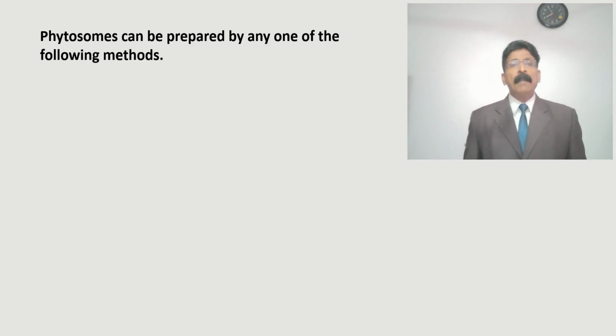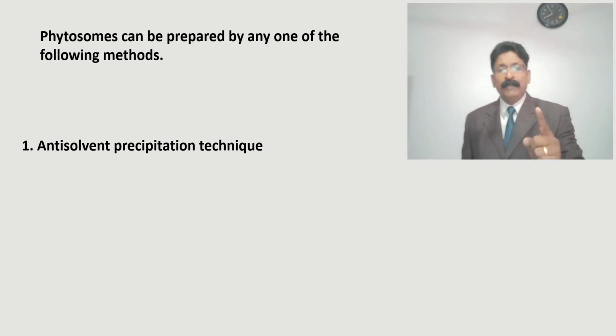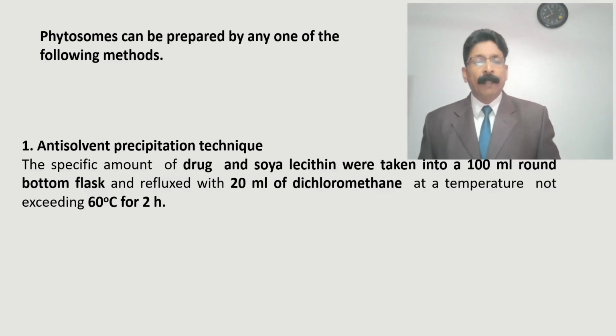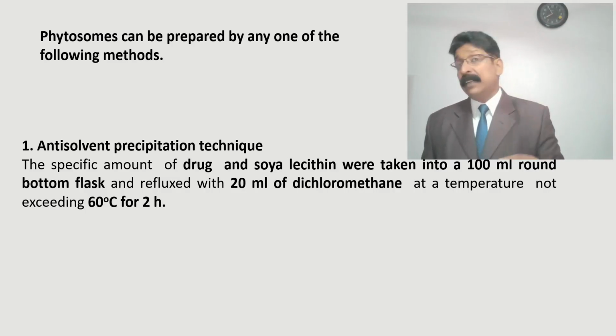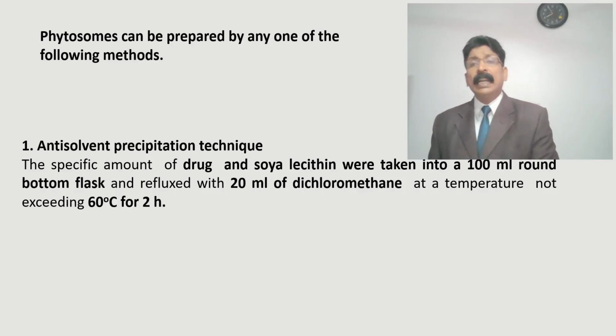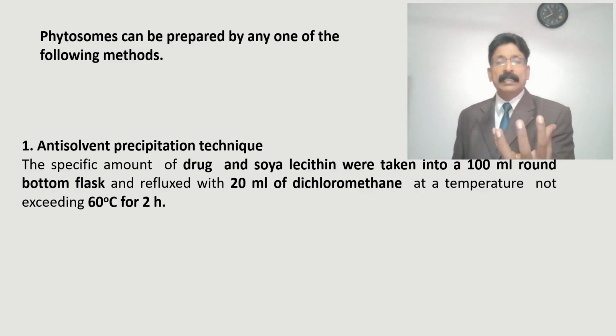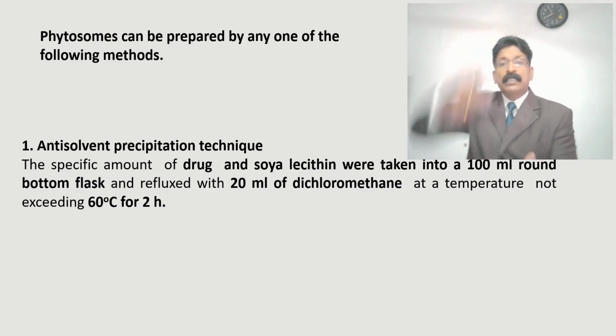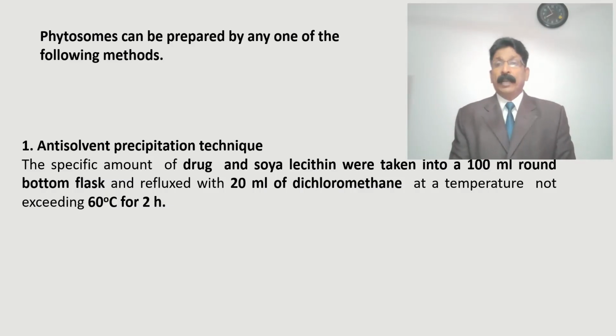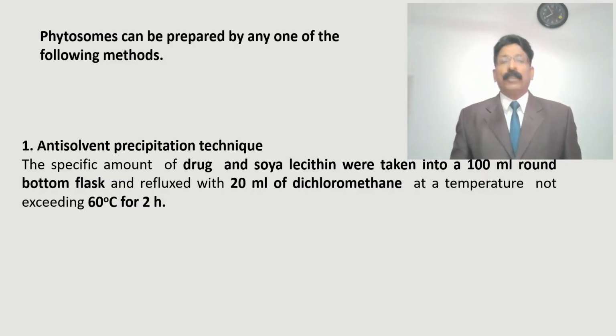It can be prepared by method number 1. We are going to discuss the anti-solvent precipitation technique. The specific amount of the drug and soya lecithin are taken in a 100 ml round bottom flask and fixed with a reflux with 20 ml of dichloromethane at a temperature not exceeding 60 degrees centigrade for 2 hours.